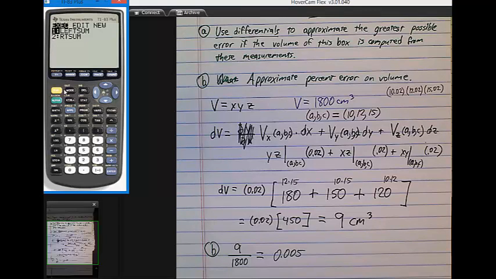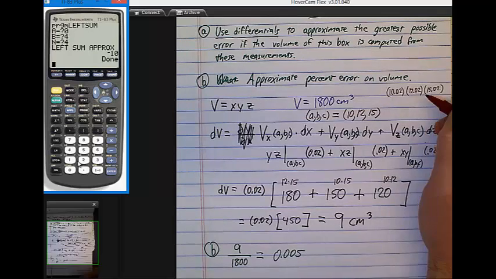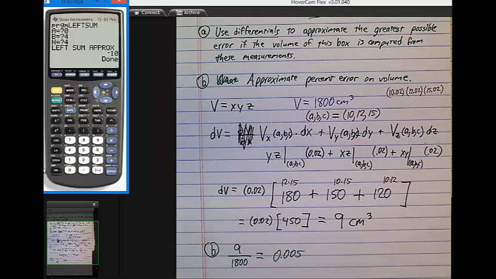Let's see. 10.02 times 12.02. I'm just trying to make this as bad as possible, right? Times 15.02. Enter.